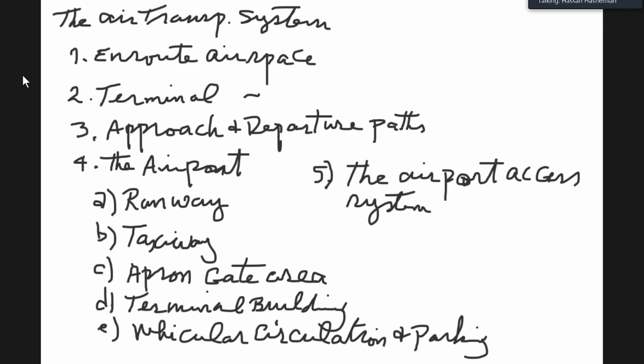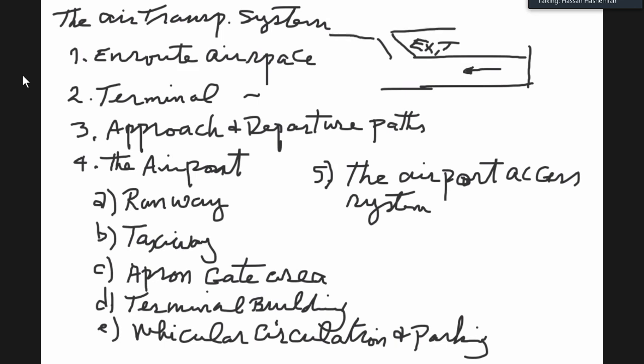And usually there's an exit on that runway. They land here, they come through the exit, and then they go to secondary roadways or pathways. They call that taxiway.